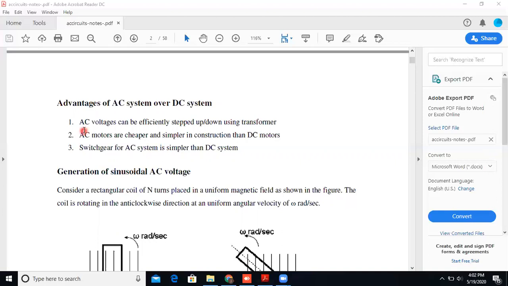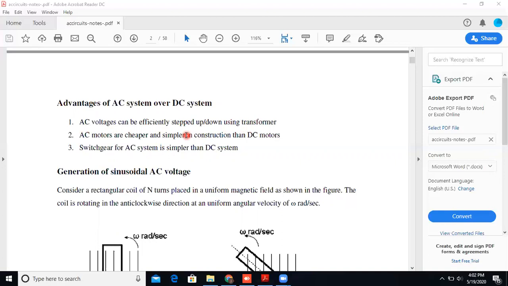So here the first point is that AC voltage can be efficiently stepped up or stepped down using a transformer. By using a transformer you can change the voltage from one level to another level, or you can increase or decrease the voltage levels.